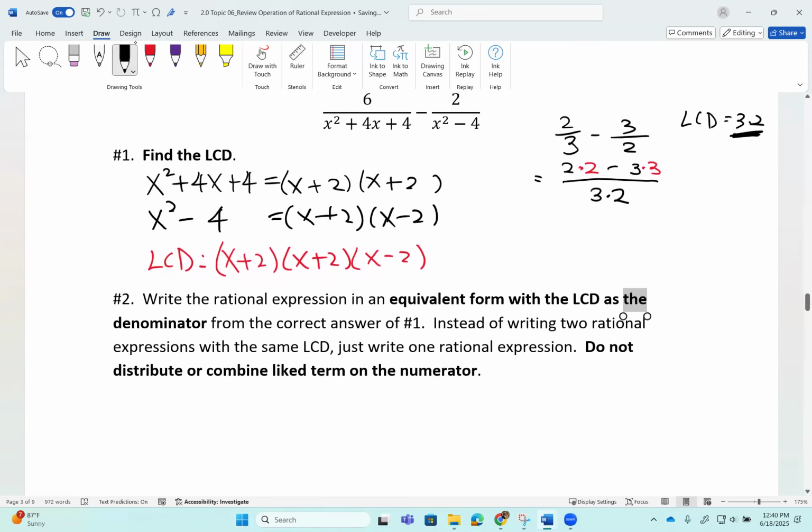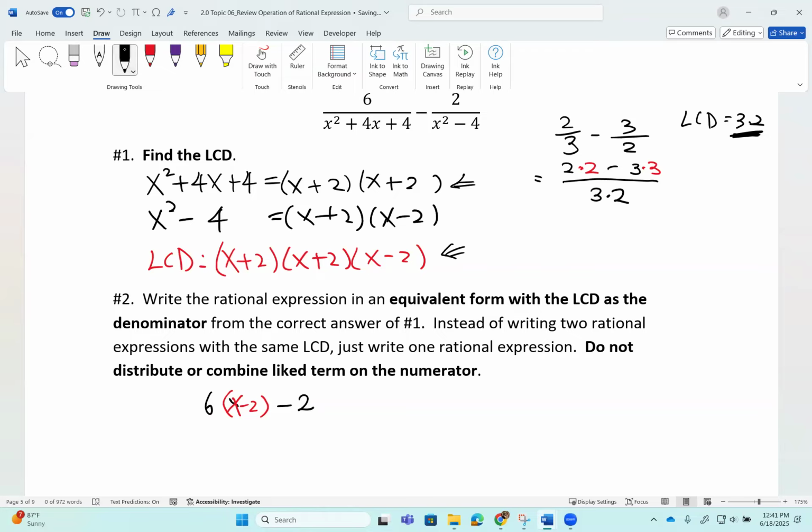So if you look closely at your LCD compared to your first denominator, what does the LCD have that the first denominator does not have? The first denominator is missing x minus 2. So I'm going to take that x minus 2 times my numerator of the first fraction, which is a 6, minus 2 times, right?